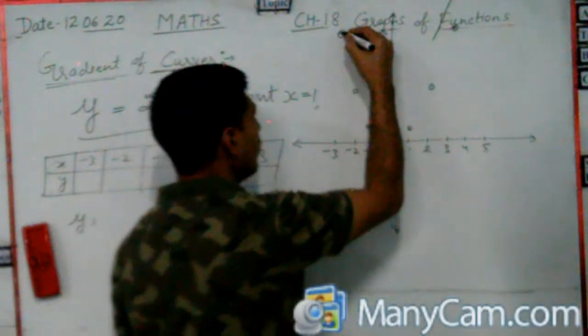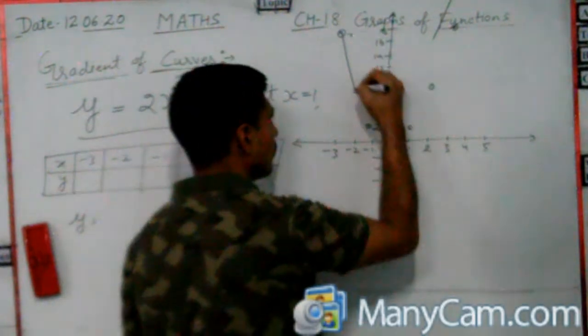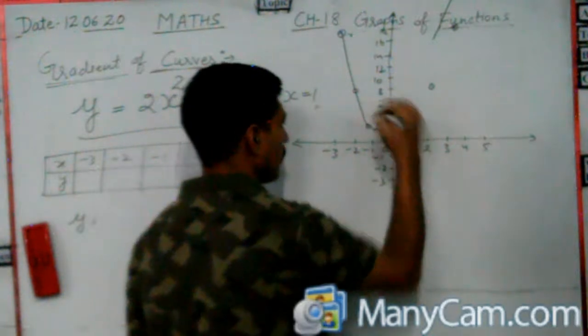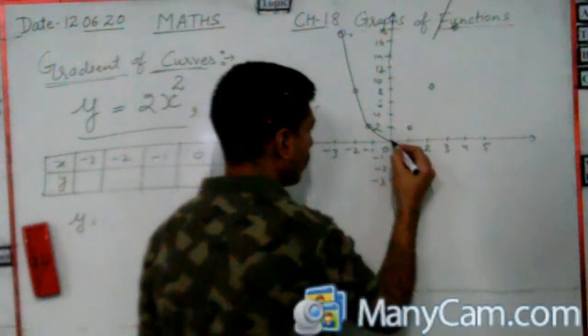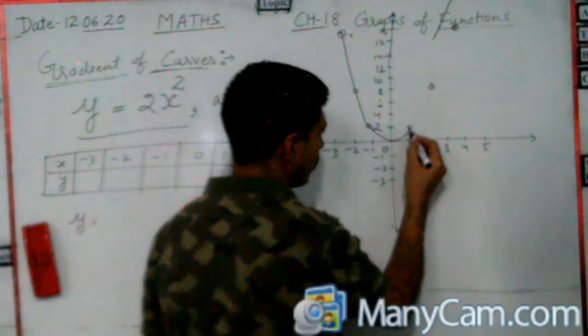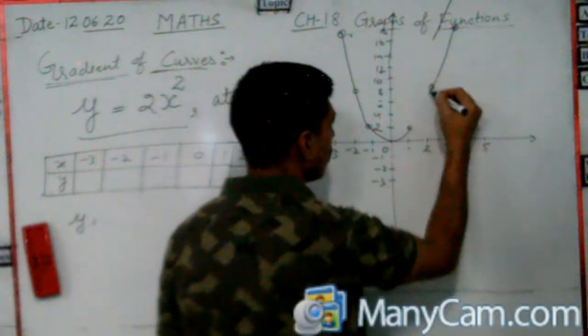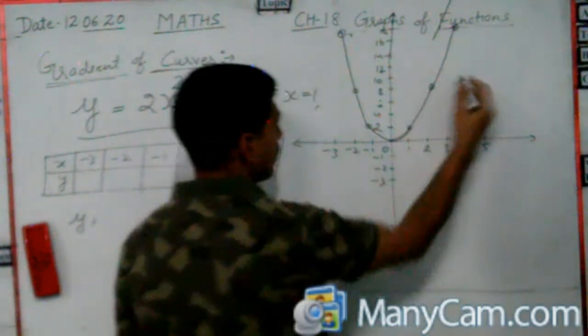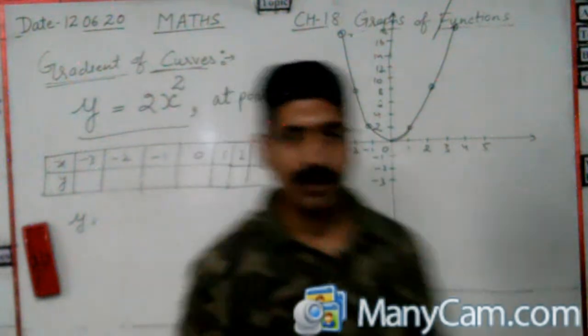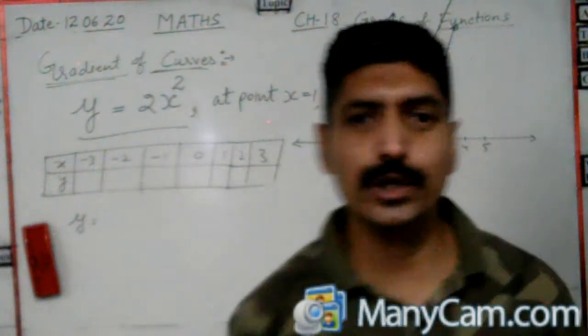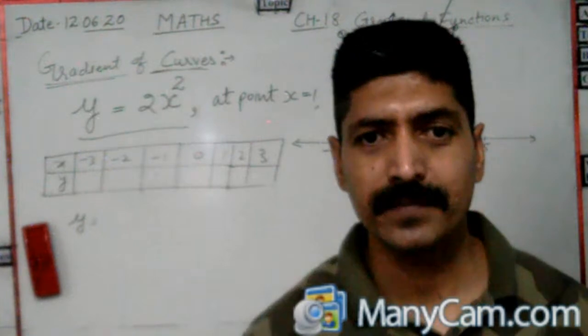This is the graph of this function y is equal to 2x square.